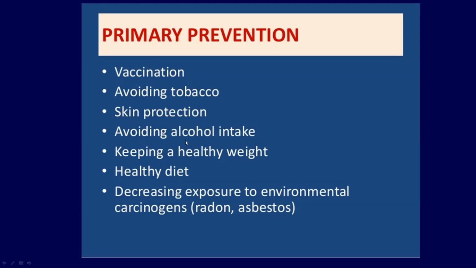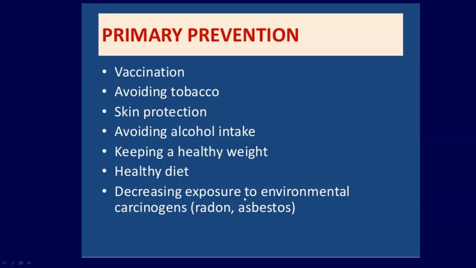Skin protection, sun exposure is not healthy, especially people living with HIV who have a fair skin and a family history. Minimizing alcohol intake rather than avoiding it altogether, but ideally avoiding it would be better. Keeping a healthy weight. Obesity has been associated with many comorbidities, including a higher incidence of cancers. And that's also very important.